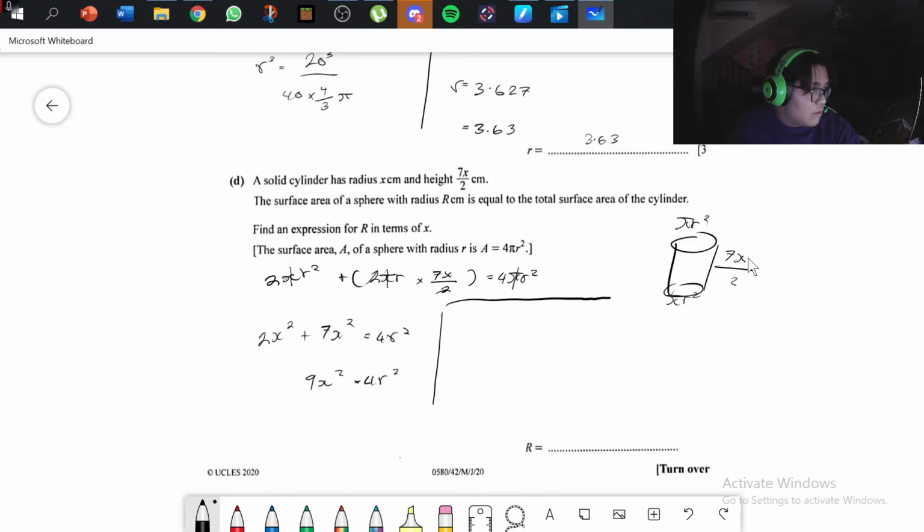After that, we make r the subject, and it will be 9x squared over 4. Find the root of it, then we get 3x over 2.